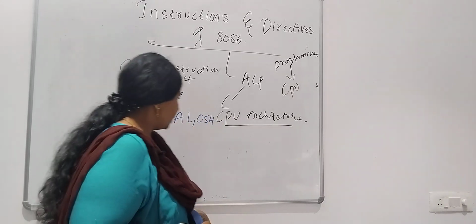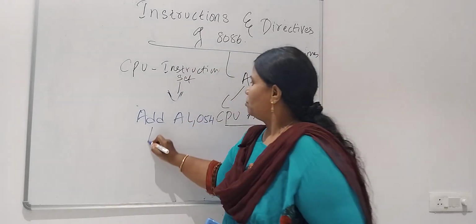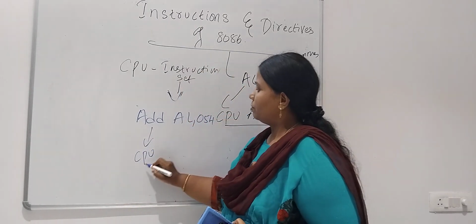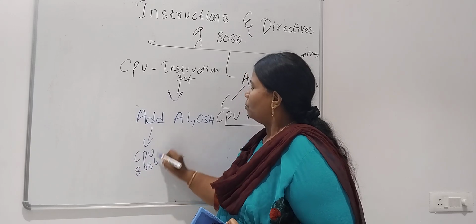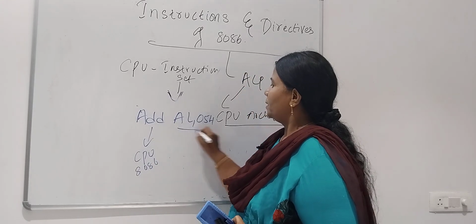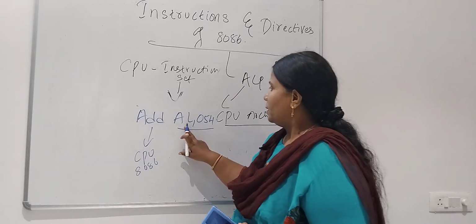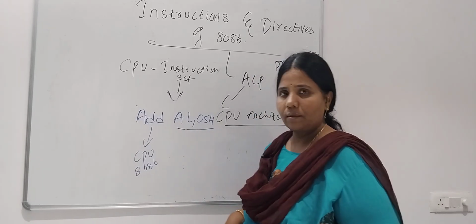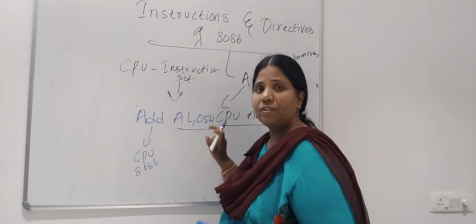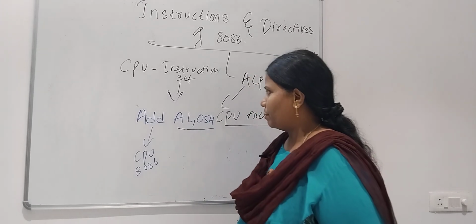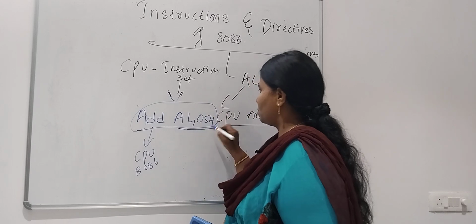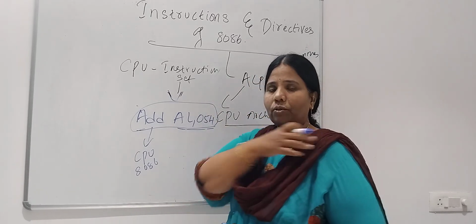What you are telling the CPU here, if you take 8086, is to add the content of AL, which is a register present in 8086, and the user data, that is 05, a number which you have taken in hexadecimal. This is in total an instruction which will add the two contents.